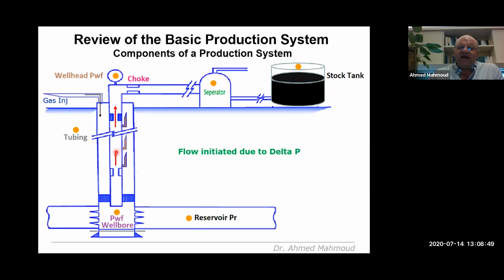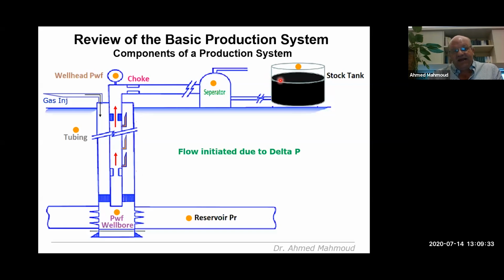The weight of the oil column is heavy, and the reservoir pressure and the wellbore pressure do not have enough pushing force to push it up north. So I need to add a method to lighten this fluid column, to lift this hydrostatic burden off the shoulders of the wellbore and the reservoir pressure, so that when this burden is light, it will be able to push the fluid up to the wellhead, through the flow line, to the separator, and all the way up to the tank.